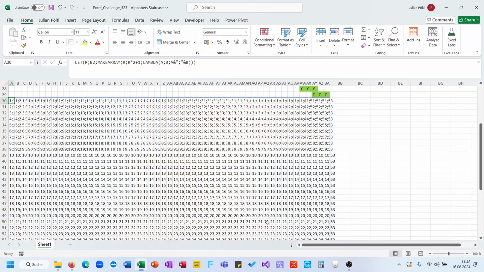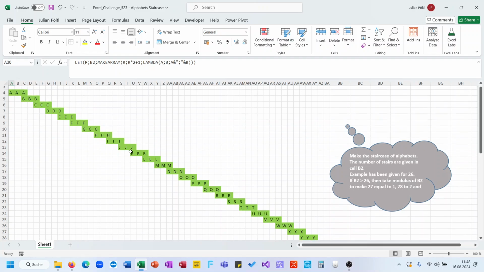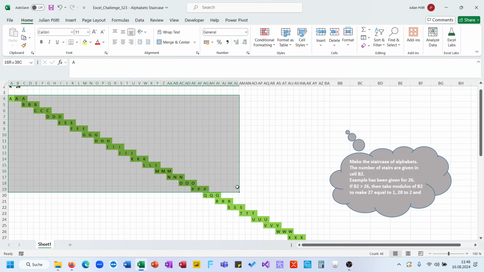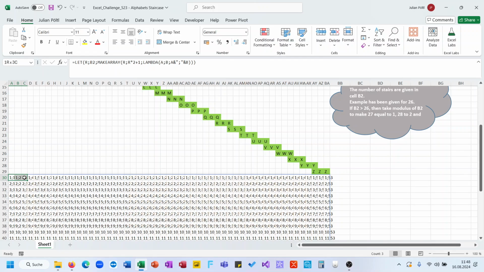So this is our output array, and we now need to look where we need to have a letter later. For example, for these ones and for these ones.